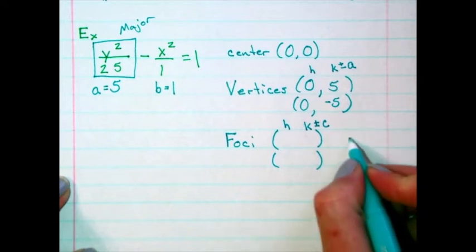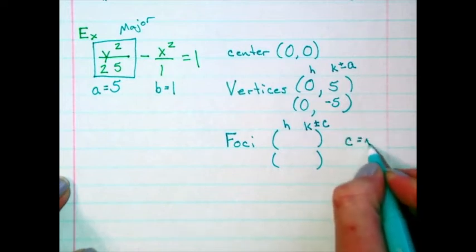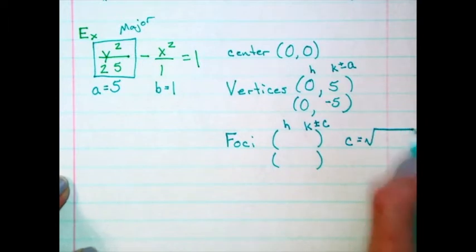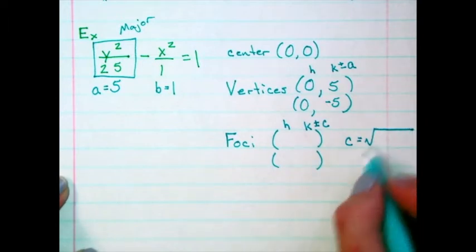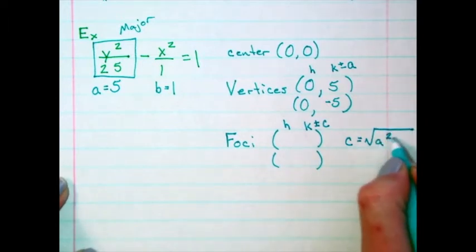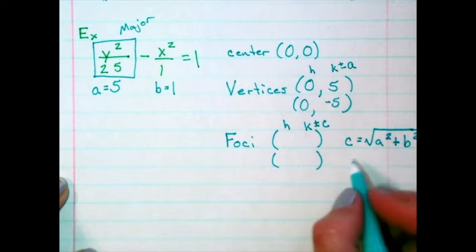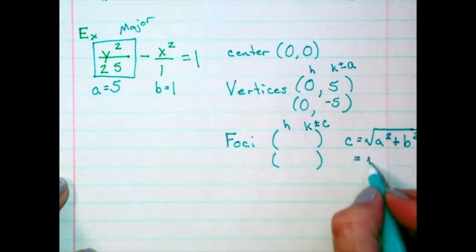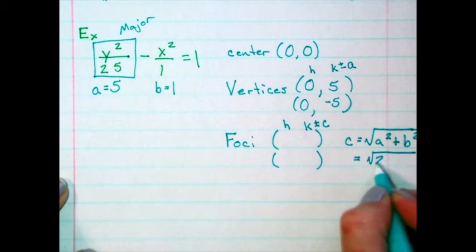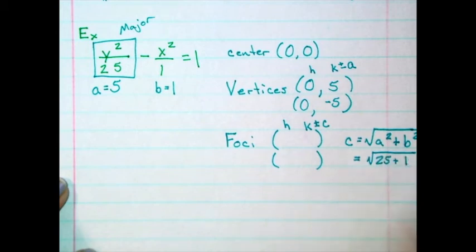To find the c for this one, it's going to be the square root of a squared plus b squared. So a squared for this one is 25. B squared is 1. So this is going to be the square root of 26.